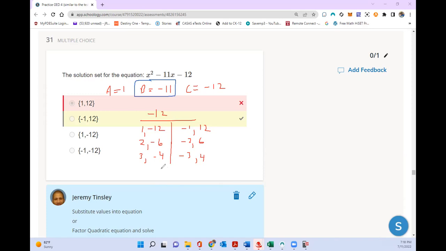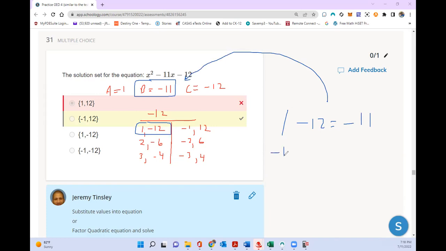Wouldn't it be negative 3 and positive 4? No, 3 minus 4 gives you negative 1. I don't see 1 and positive 12. Positive 1 and negative 12, because 1 minus 12 equals negative 11. Yes. That's what we want.